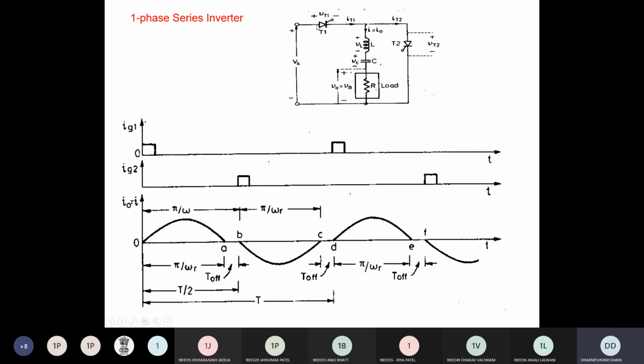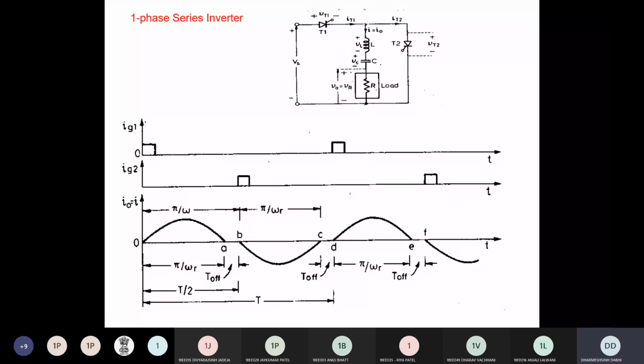So when you turn on T1 at t equal to 0, as you can see in the waveform, the current flows into the load, and at the same time the capacitor is charged in the positive way, upper plate positive and lower plate negative. Clear?